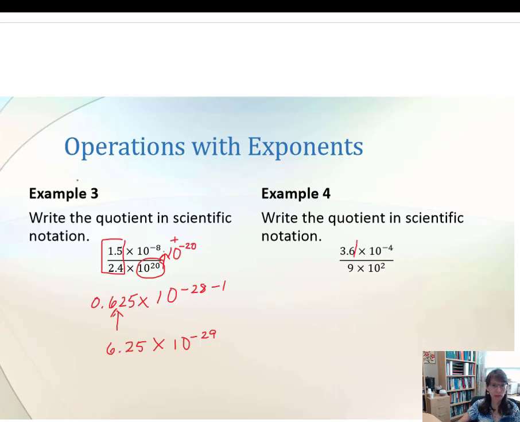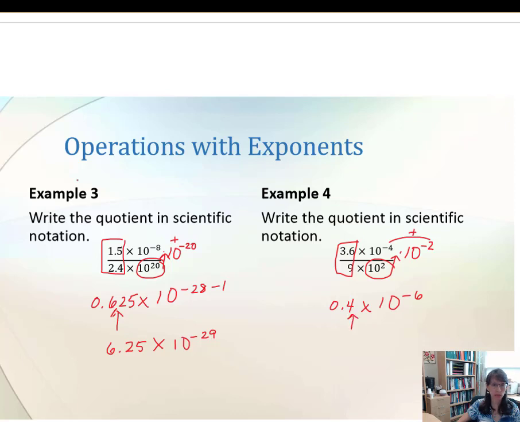In the last example, we'll look at the numerical portion here. 3.6 divided by 9 is 0.4. The base of 10 automatically shifts up, so times 10 to the minus 2. Notice I've got negative 4 added to negative 2, so that's 10 to the minus 6. 0.4 is not between 1 and 10.